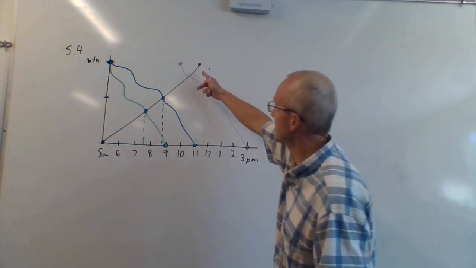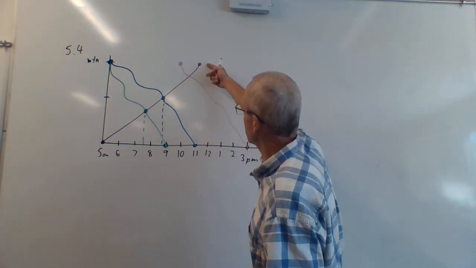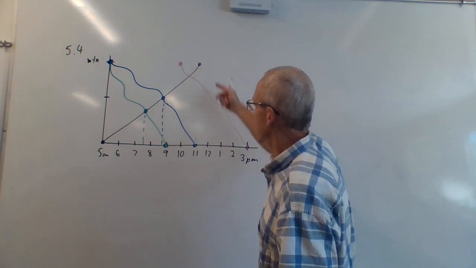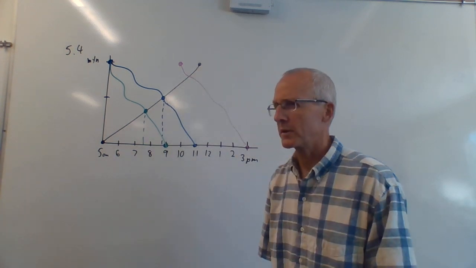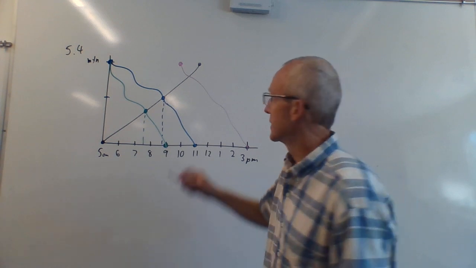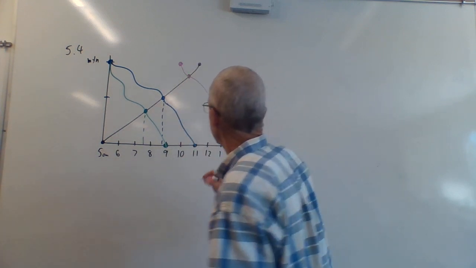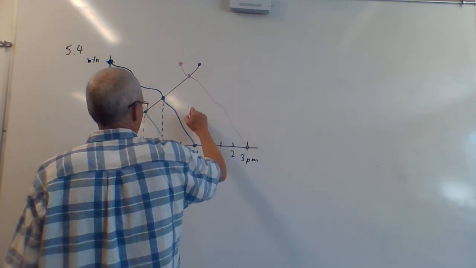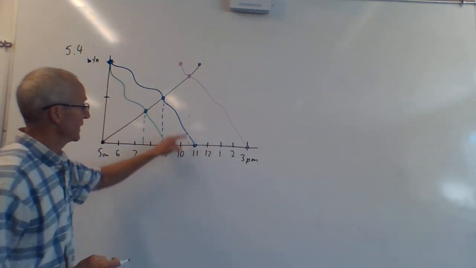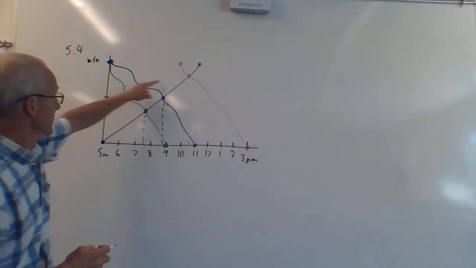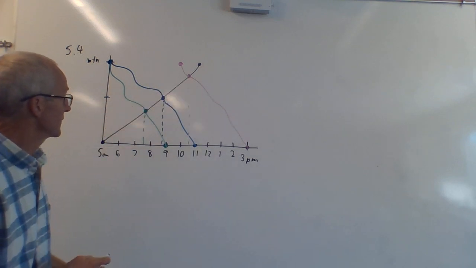The only way to not cross the black line is to start after 11, okay? And then they won't be in the same place. But of course they won't, because the times don't match. So even then, if you start later, they will be in the same place at the same time. So here, it would be at around 10:30 or something, right? At 10:30, they're at the same place at the same time as they were the day before.